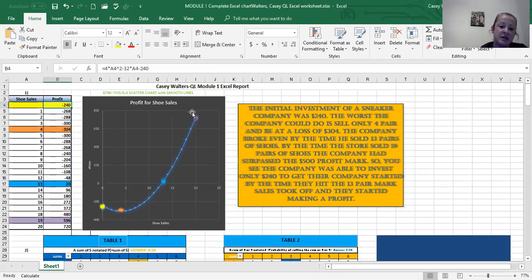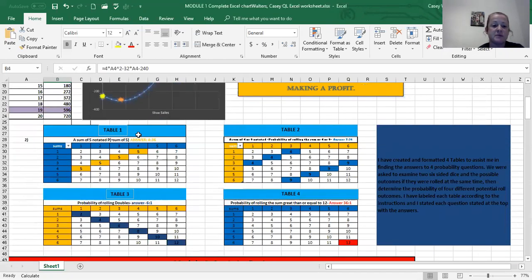And this scatter chart right here I got in the Excel sheet by highlighting all of this data and then inserting, and I put in that I wanted to do a scatter chart with smooth lines. You'll see the color that all of my data is color coordinated, and it all corresponds.